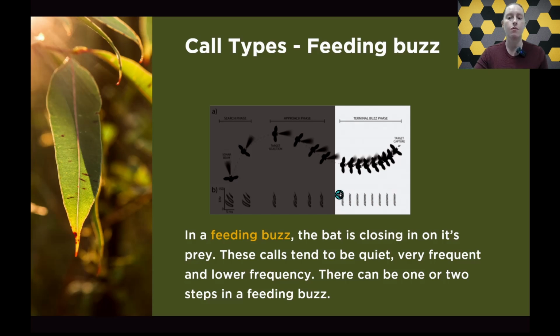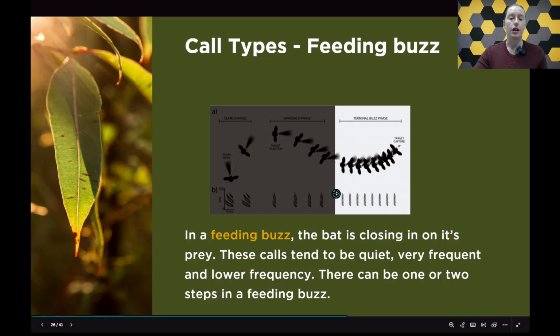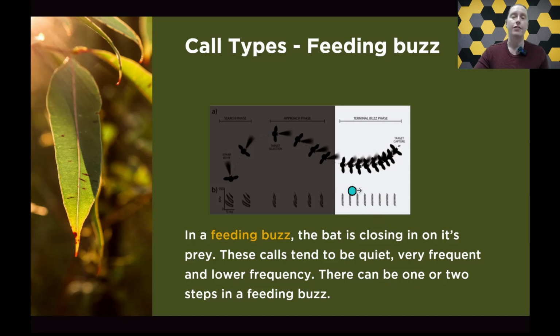They're often very narrow bandwidth, quiet and higher frequency, then lower frequency. There can be one or two steps in a feeding buzz: one higher frequency part of the buzz and then one lower frequency part, or it might just be one buzz.